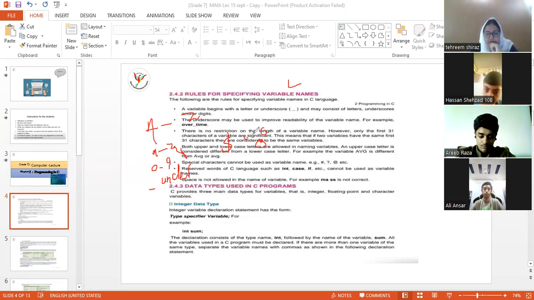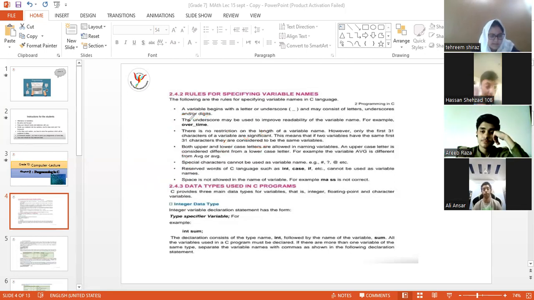We cannot use a variable name with a special character. We can only use capital A to capital Z, small a to small z, 0 to 9 numbers, or underscore. The only special character which we can easily use is underscore, right?